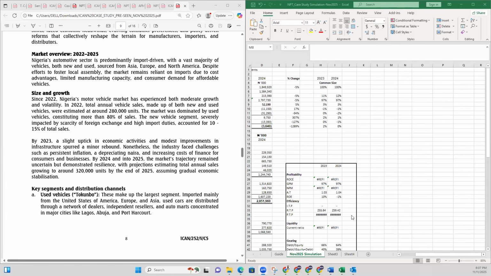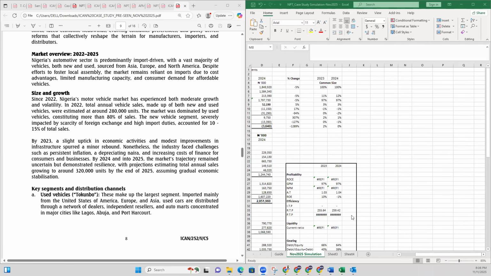Size and growth. Since 2022, Nigeria's motor vehicle market has experienced both moderate growth and volatility. In 2022, total annual vehicle sales made up of both new and used vehicles were estimated at around 280,000 units. The market was dominated by used vehicles, constituting more than 80% of sales.